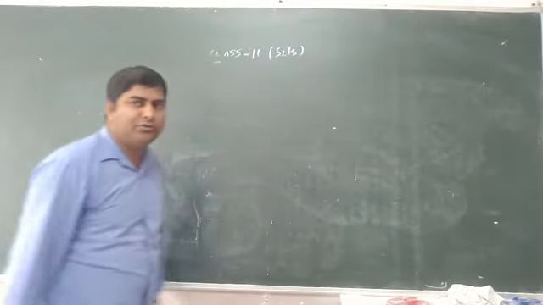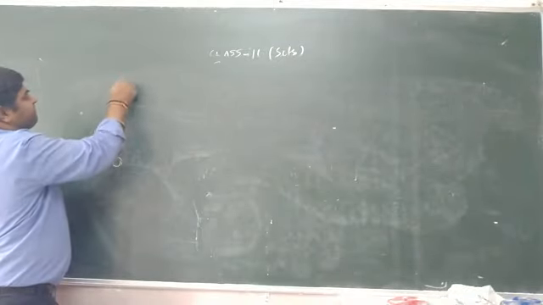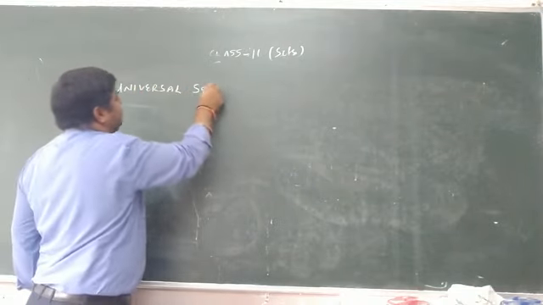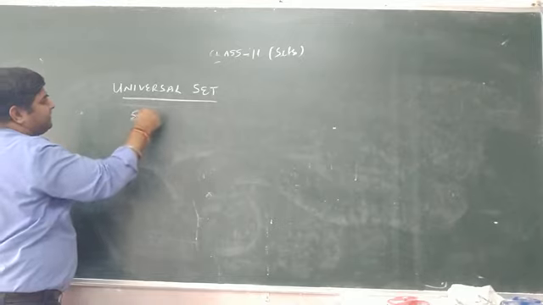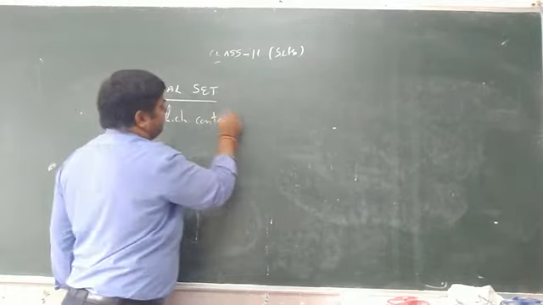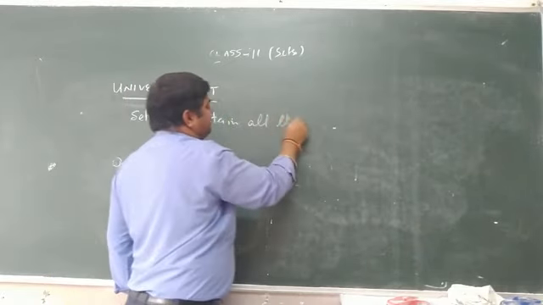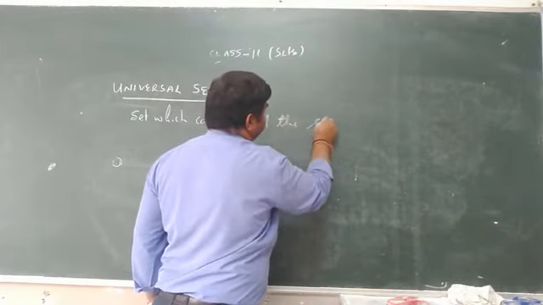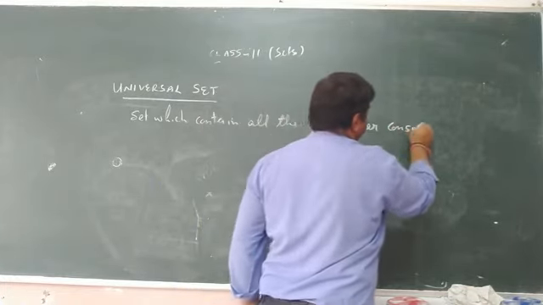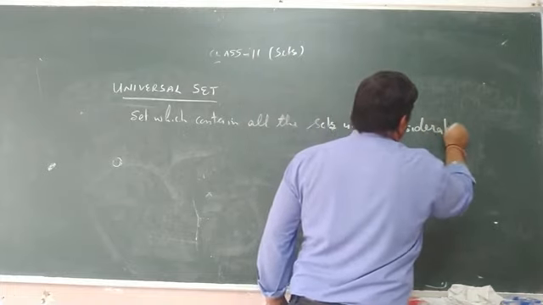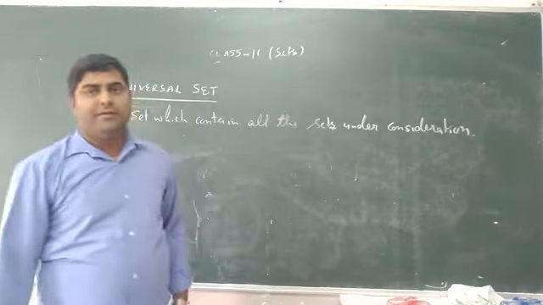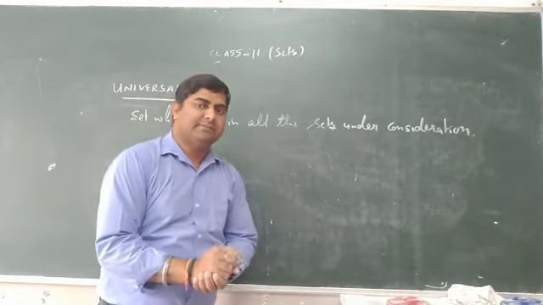That is called the universal set. So we say a universal set is a bigger set which contains all the sets.